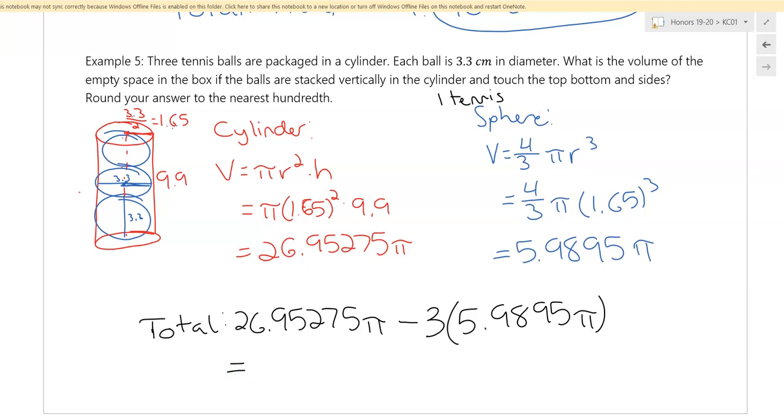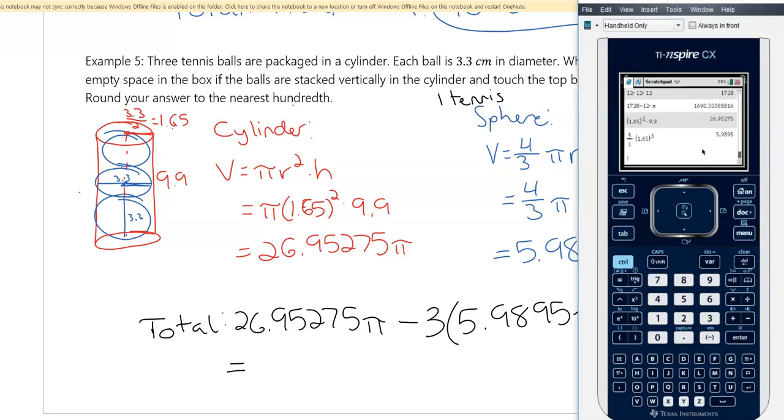Then it is asking me to round to the nearest hundredth, so I'm just going to type those straight into my calculator. So I have 26.95275 pi minus 3 times 5.9895 pi.